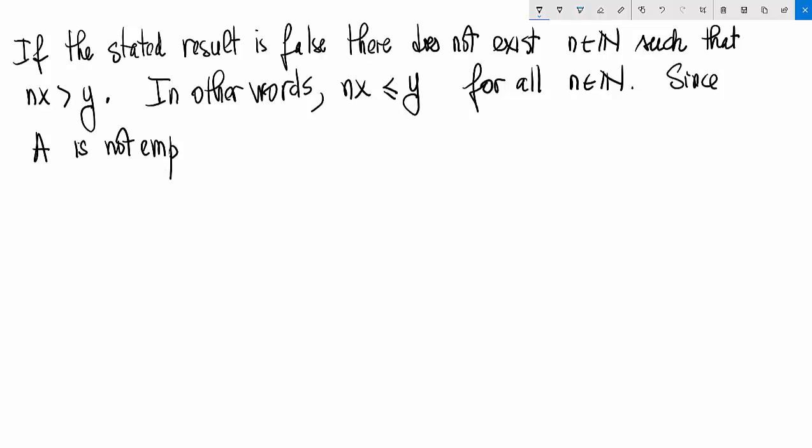Now the set A is not empty. Why not? Well, you can pick n to be equal to 1, and then nx is x, and x of course is in the set. Little x is in the set.